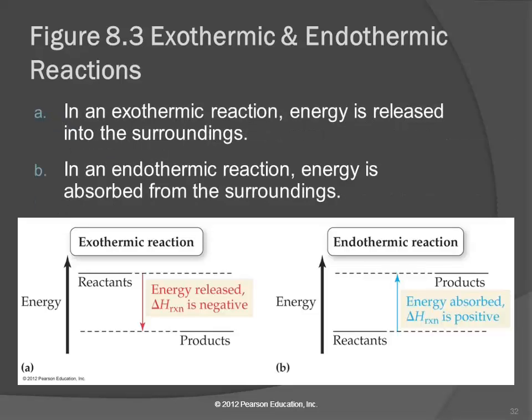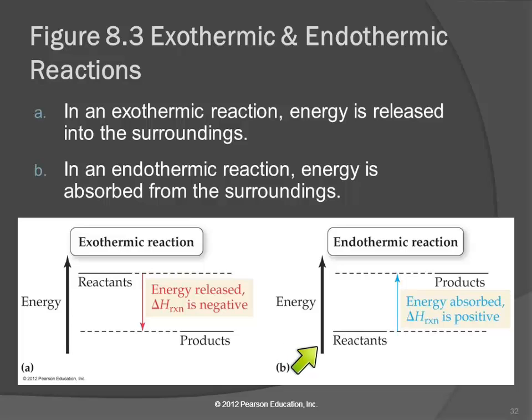There's a picture. We've seen a picture like this before. Here in this illustration, energy is higher at the top of the graph and lower at the bottom. In an exothermic reaction, the reactants start out with more energy, and the products end up with less energy. Energy is conserved, so it can't just disappear. This energy that was in the reactants is released to the surroundings, and the delta H for the reaction is negative.